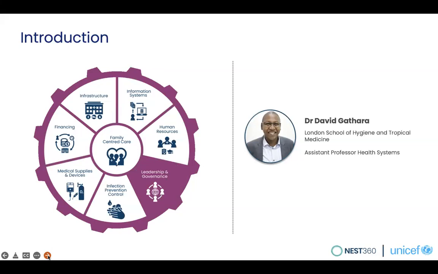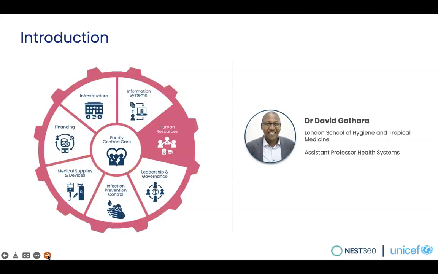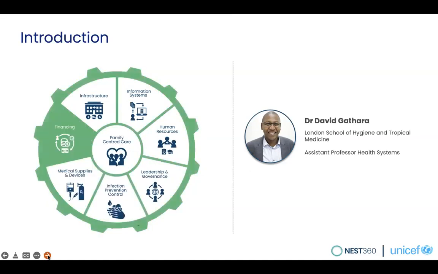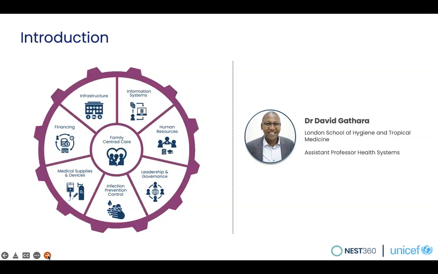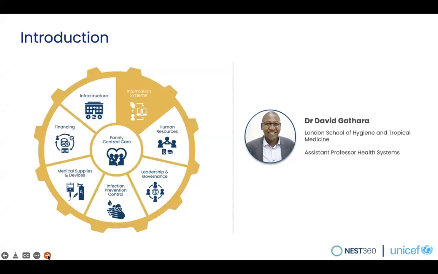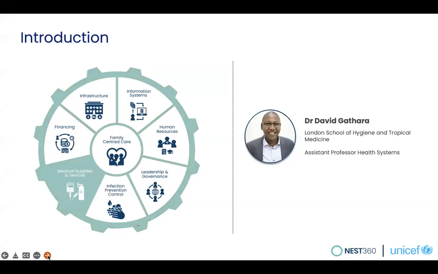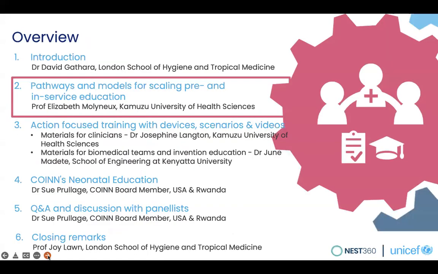There's the neonatal workforce and education, which we'll hear a little more about today. Then we have enabling environment, focusing on the resources required for provision of newborn care, and then the mental health and well-being of healthcare providers for neonatal care, pretty much looking at how we care for the carers. I'll now hand over to Professor Liz Molyneux to walk us through the education materials.